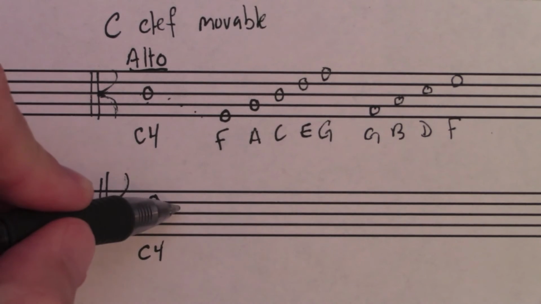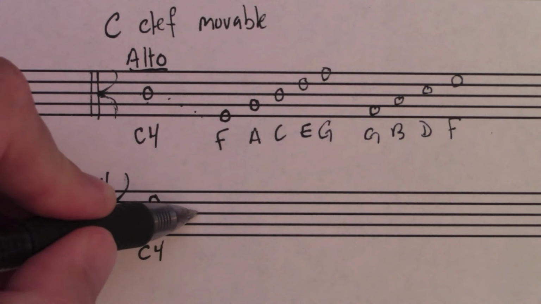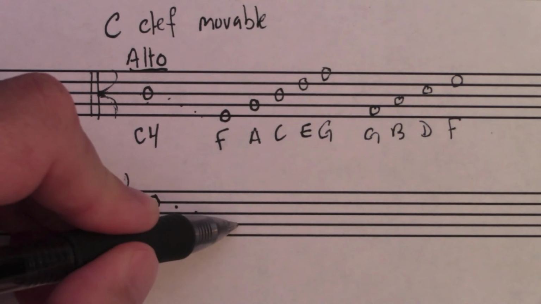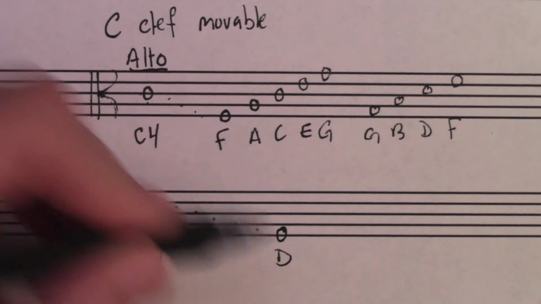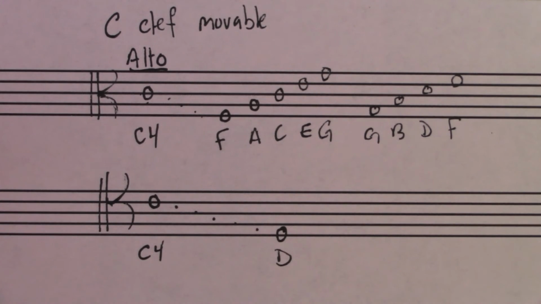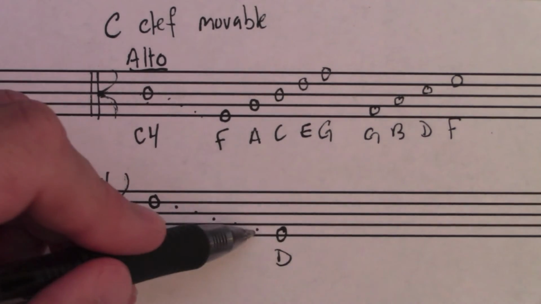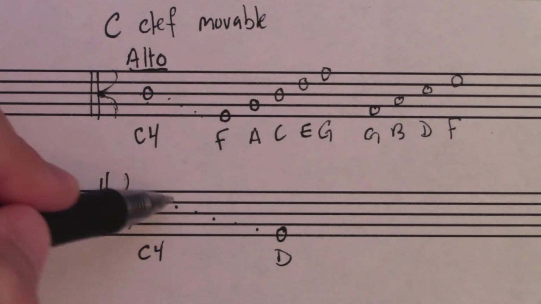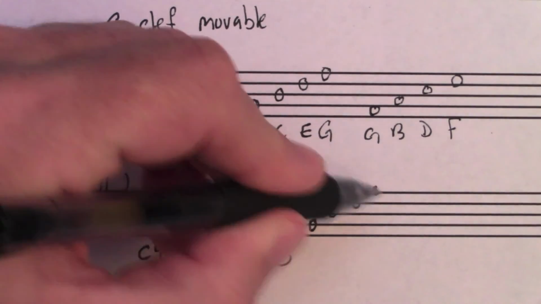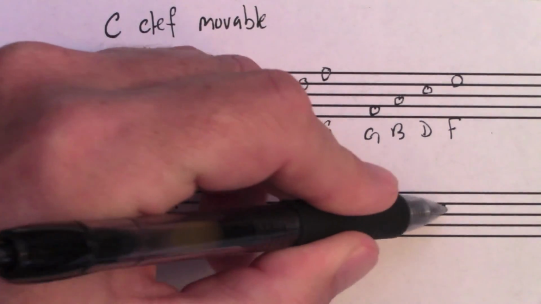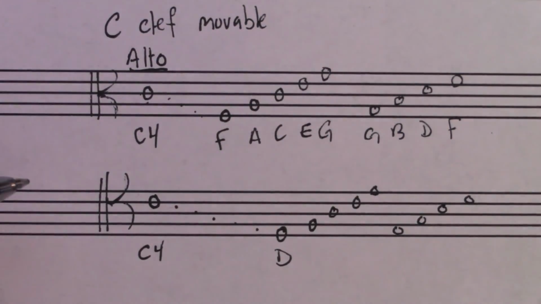So if that's C, go backwards. B, A, G, F, E, D. Wait, D, E, F, G, A, B, C. Yeah, that's right. So you can figure out your lines and spaces that way.